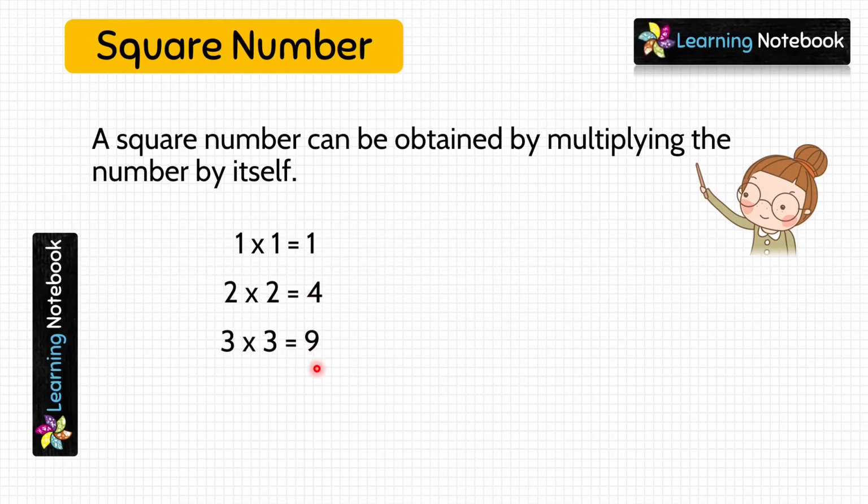Similarly, 3 into 3 equals 9, 4 into 4 equals 16. So here we are multiplying the number by itself. So these numbers 1, 4, 9, 16, they are square numbers. So a square number can be obtained by multiplying the number by itself.